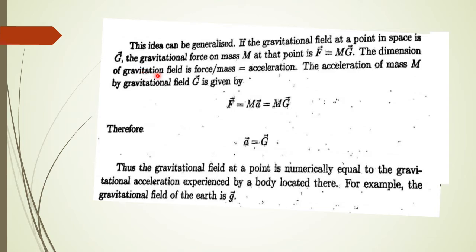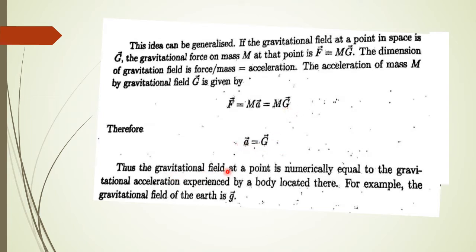Now the dimension of gravitational field is F by m, that is equal to acceleration. The acceleration of mass m by gravitational field g is given by F is equal to ma, that is equal to mg. Therefore, a is equal to g.